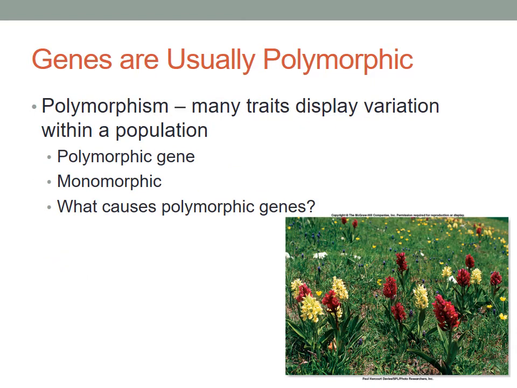We find that genes in populations are usually polymorphic. A polymorphism is the idea that many traits display variation within a population. So your polymorphisms are when there's more than one trait, more than one morph, if you will, of what the population looks like.